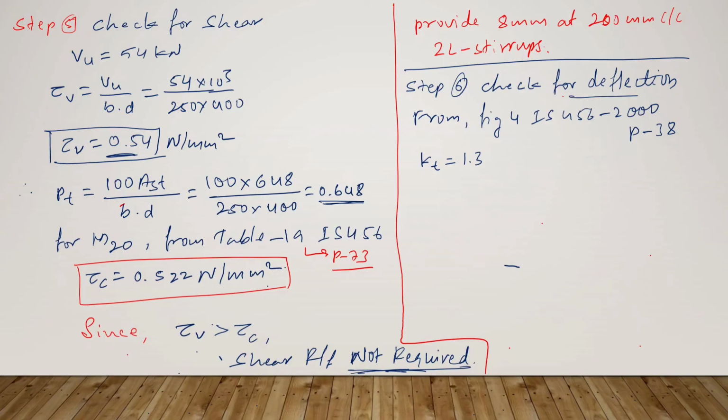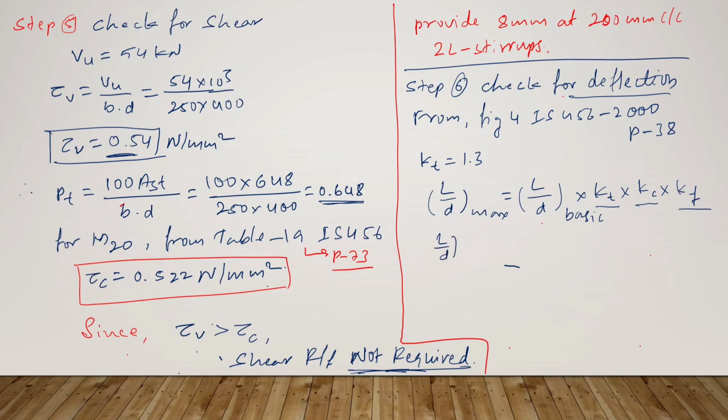For deflection, L by D maximum equals to L by D basic value multiplied by KT multiplied by KC multiplied by KF. Modification factor for tension, compression and flanges.